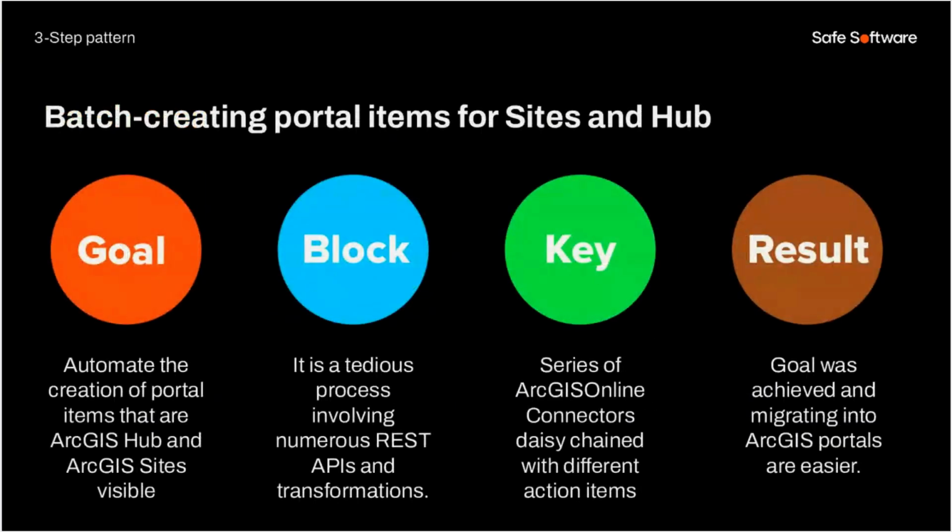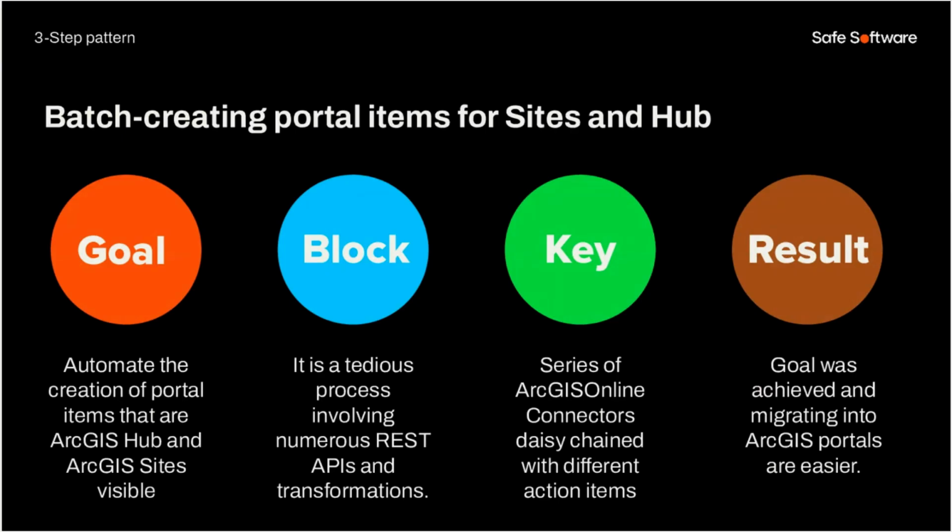We go on next to our demo. We are going to batch create portal items for sites and hub by automating the creation of these portal items. It is a tedious process involving numerous REST APIs and transformation, but thanks to the ArcGIS Online connectors, this goal was achieved and automation can be attained.